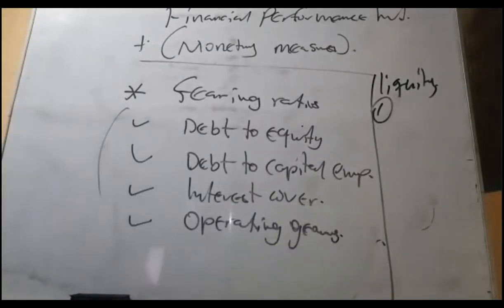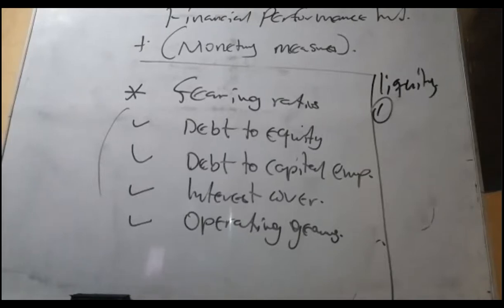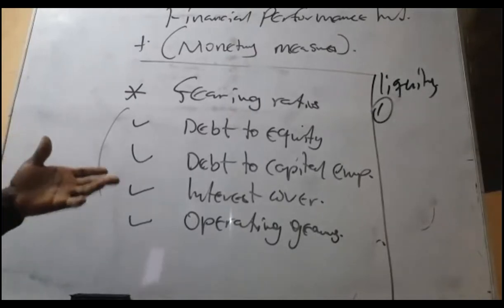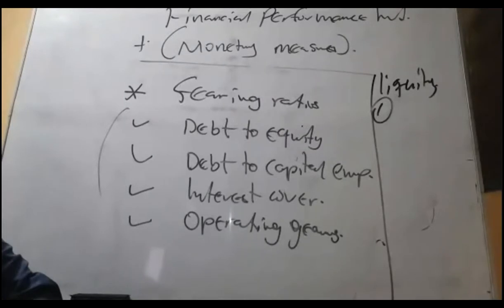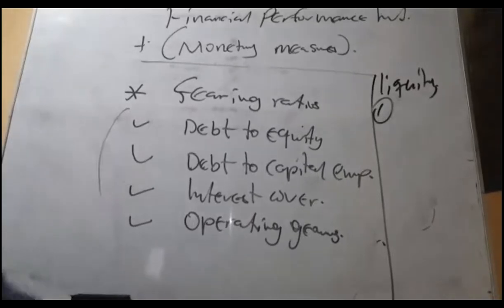So these are the risk section. Don't be surprised when you see a management accounting question that has turned into financial reporting ratio analysis. It's possible. Then that is all. We are done with the ratios. These are the ratios that you have to know for calculation purposes. I'll upload a material for you that talks about all of them.